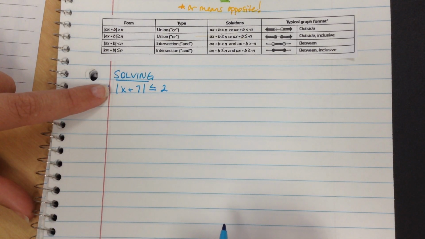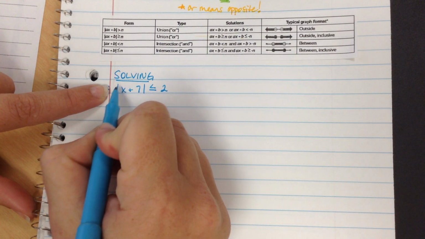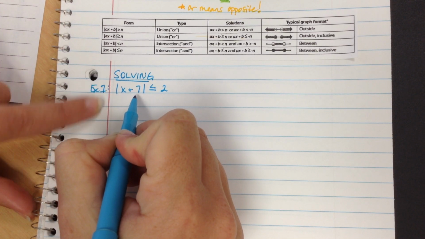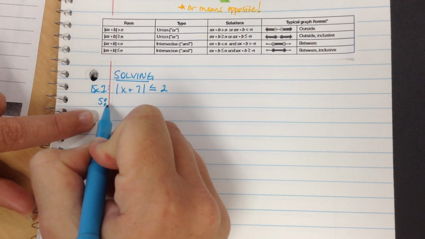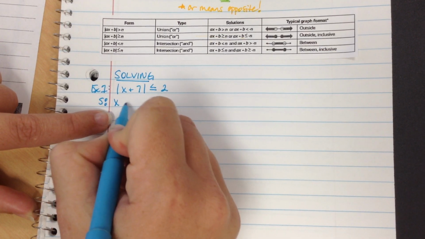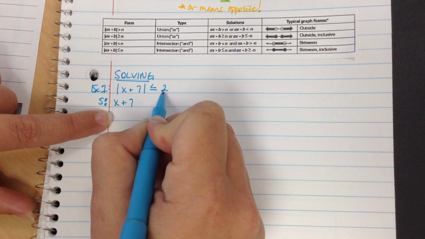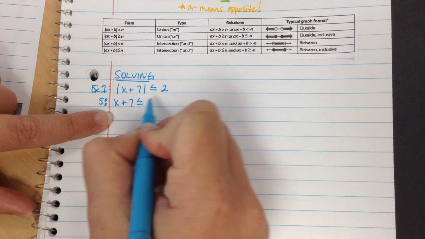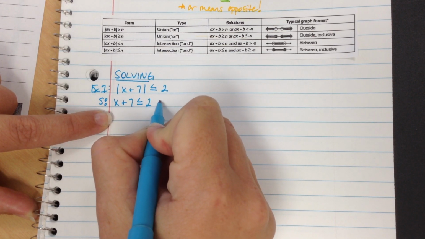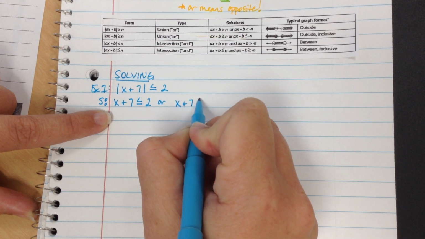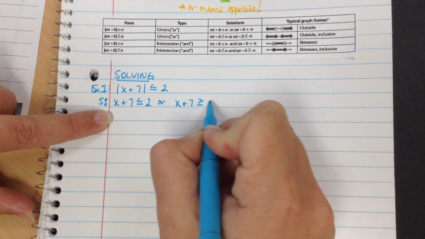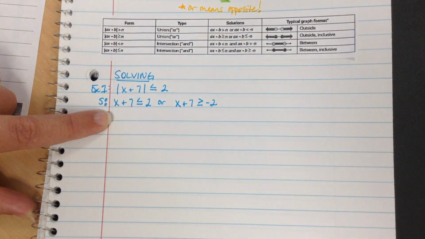First step, isolate. Absolute value bars are already isolated on the left side. So we're pretty much good there. I'm going to skip down to the second step, which is separate. Separate is x plus 7, again, we're going to leave the sign for the first one. It's less than or equal to 2. Or x plus 7, flip the sign, greater than or equal to negative 2.